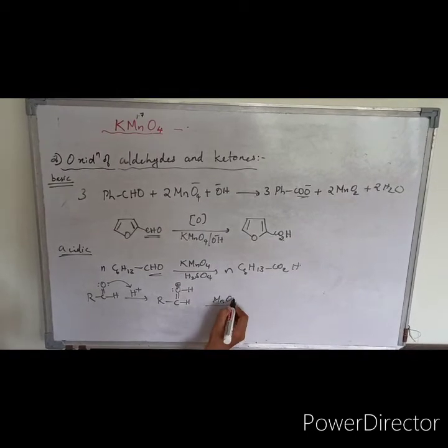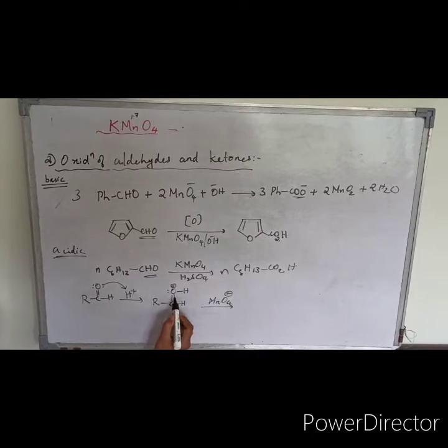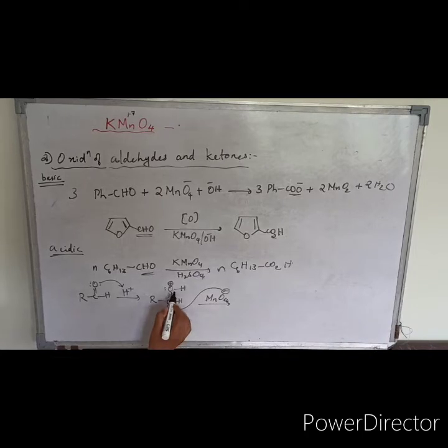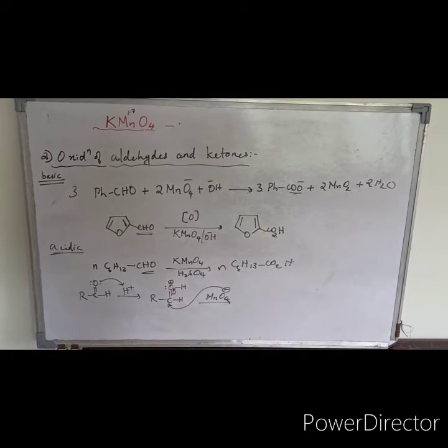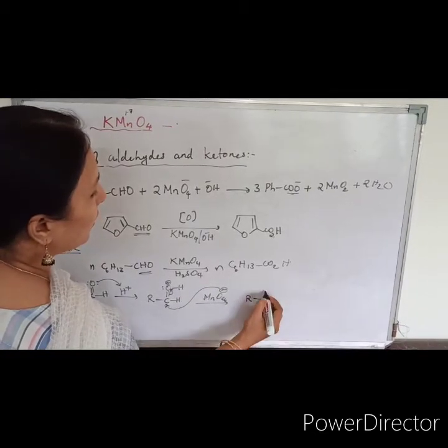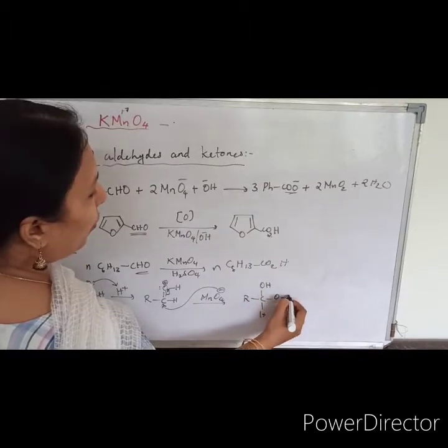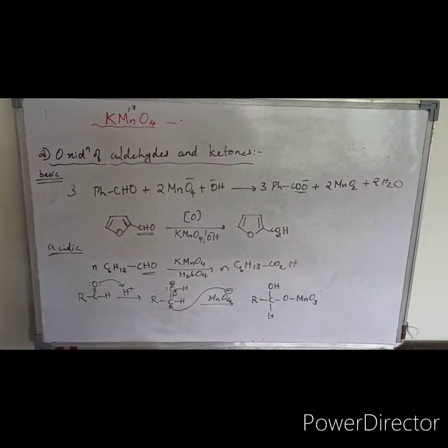So now this carbon will be electron deficient because this will have a tendency to go there. So this O minus will be attacking here. This will be going like this. So you will be getting RCHOH, okay, then OMnO3 in this manner.